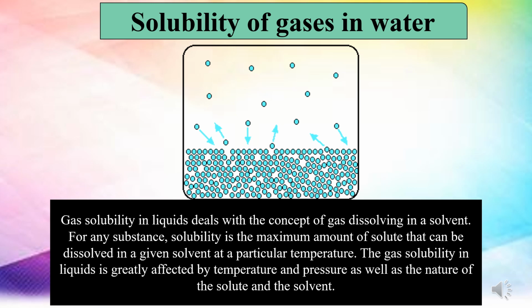Since the number of gas molecules present above the solution has increased, the rate with which the gas molecules will be entering the solution will also increase. The end result is an increase in the number of gas molecules in the solution until the new equilibrium point is attained. Thus, the solubility of gases increases with increase in the pressure of a gas above the solution.